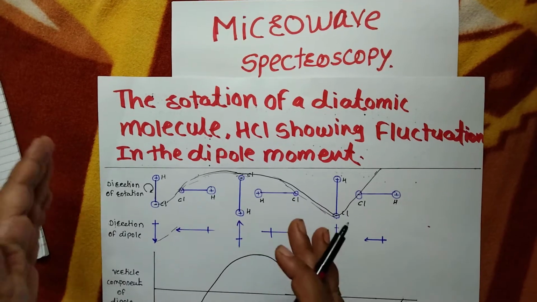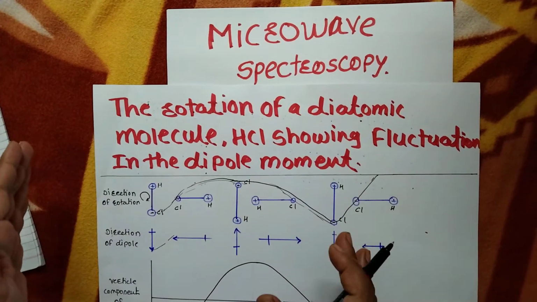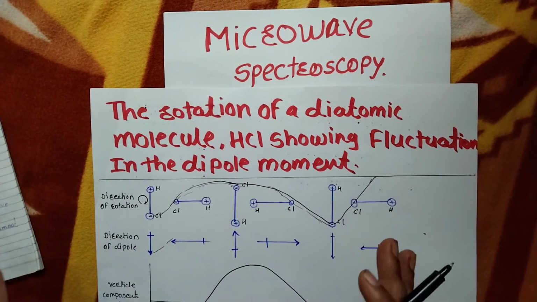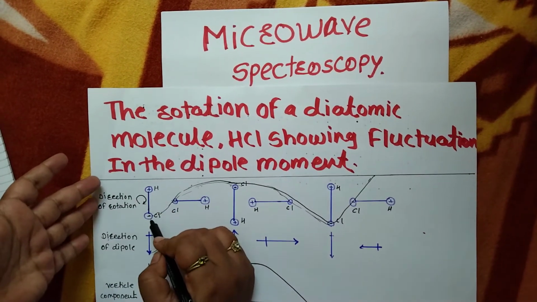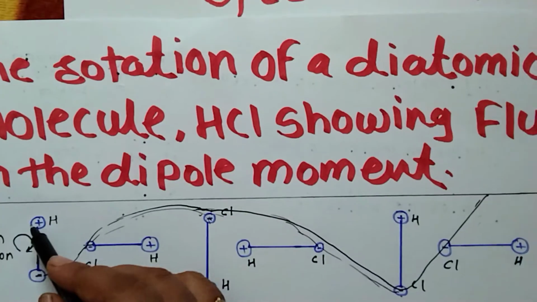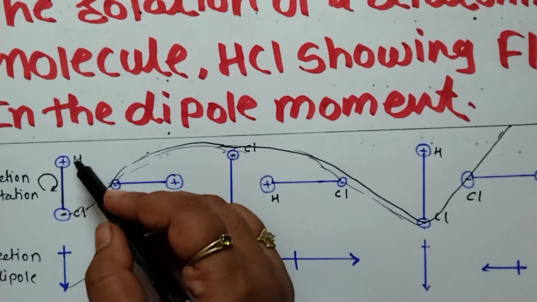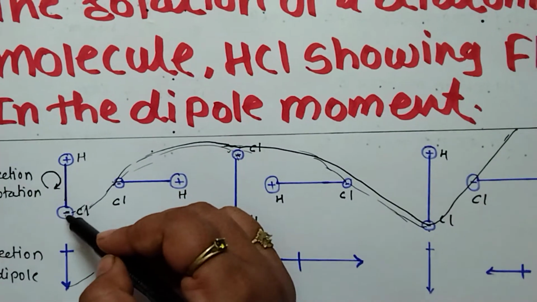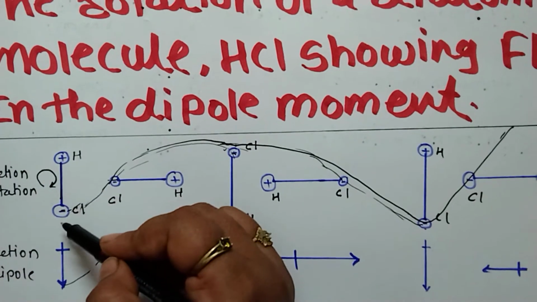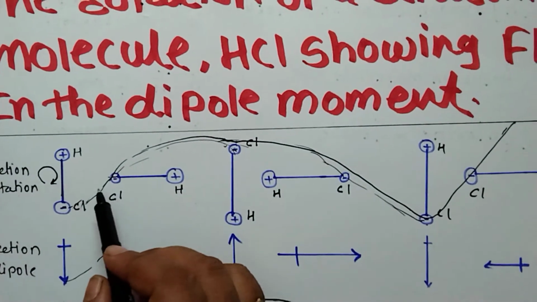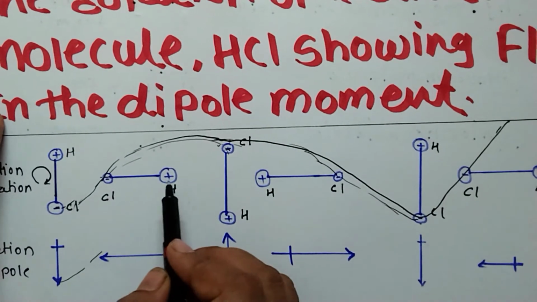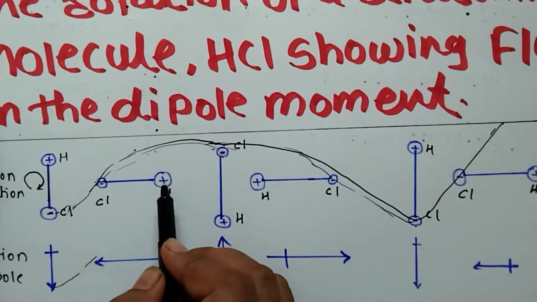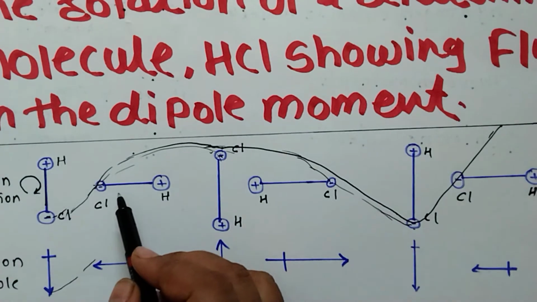The rotation of a diatomic molecule HCl shows fluctuation in the dipole moment. This plus is H, this minus is Cl, and the direction of current flow is from positive to negative. So this direction will be down. When it rotates, the direction from H to Cl is left.